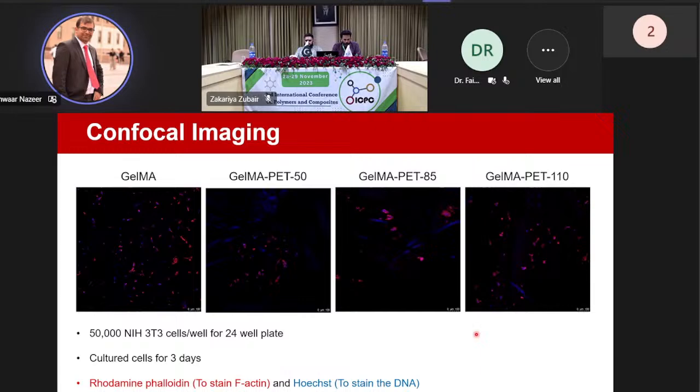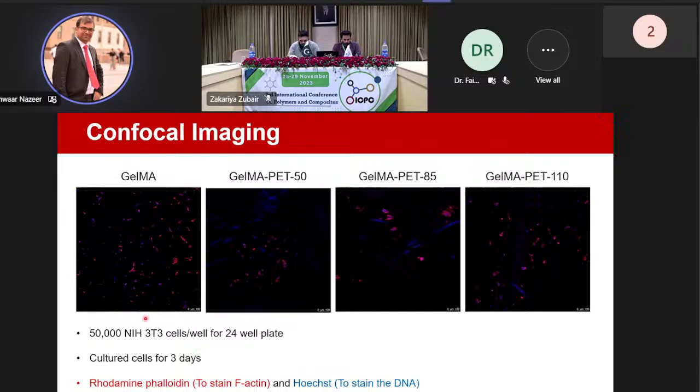So we also tried to visualize the cells in confocal imaging. For this one, again, we seeded the NIH3T3 fibroblast cells. There were 50,000 cells per well, and again in JELMA and 3 composites.